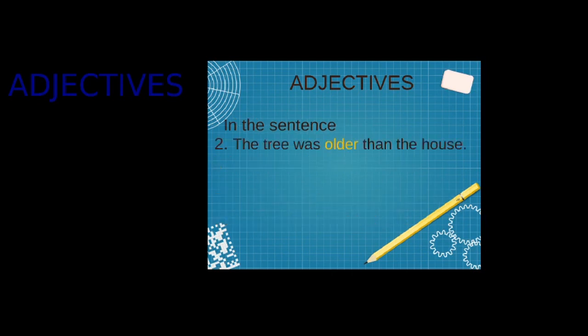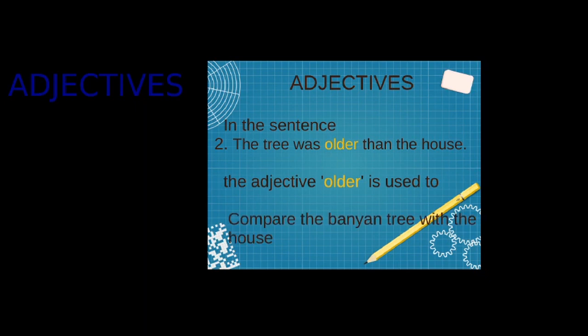In the sentence, the tree was older than the house, you find that the adjective older is used for what? To compare the banyan tree with the house. So only two things are compared, the banyan tree and the house.